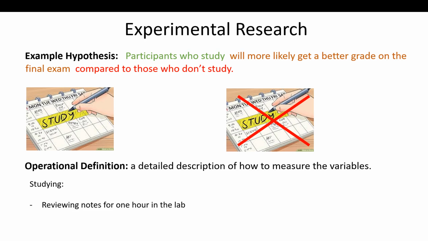So we might have our participants come in to our lab and just review their notes for 1 hour. Whereas our control group, the people that we bring in who don't study, they don't review their notes, but say they might do a filler task.